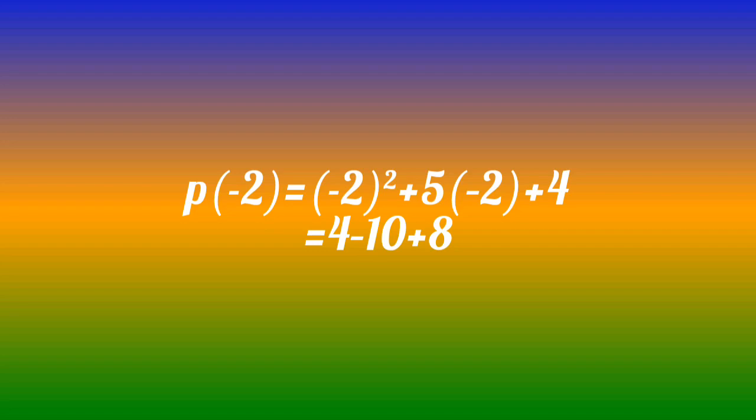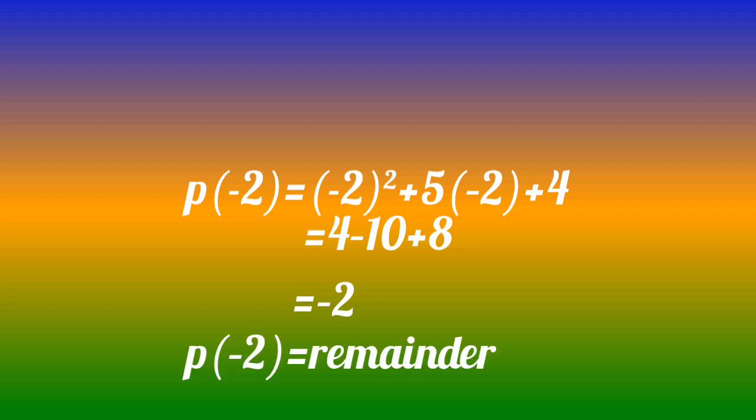Replace x equals minus 2 in p(x). So p of minus 2 will be equal to minus 2 square plus 5 into minus 2 plus 4, which is equal to 4 minus 10 plus 4, which is equal to minus 2. So from here you can say that your p of minus 2 will be equal to the remainder of the question. On the basis of this, we have to prove our remainder theorem.